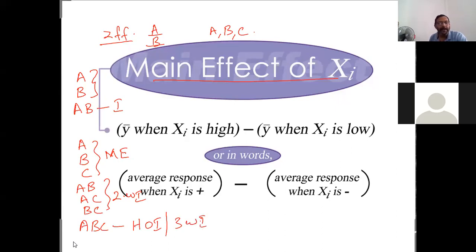We have seen all these last time. If you have 4 factors, you should be able to write. 5 factors, you should be able to write.